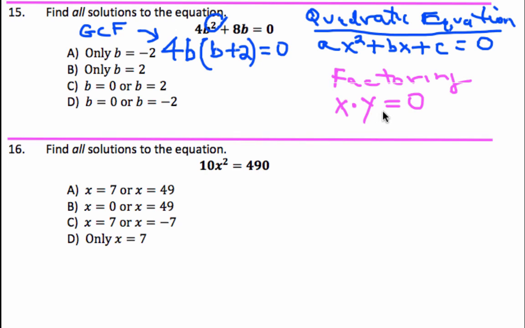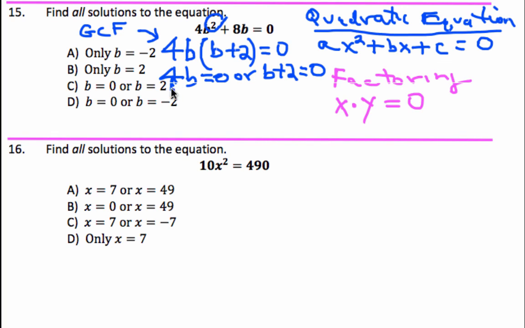Now in our example, what we're doing is we're multiplying 4b times the other factor, b plus 2. Since it's equal to 0, we can make the same conclusion, that either 4b equals 0 or b plus 2 equals 0.